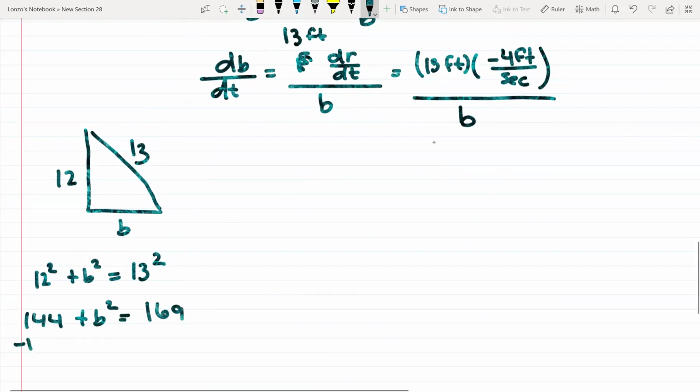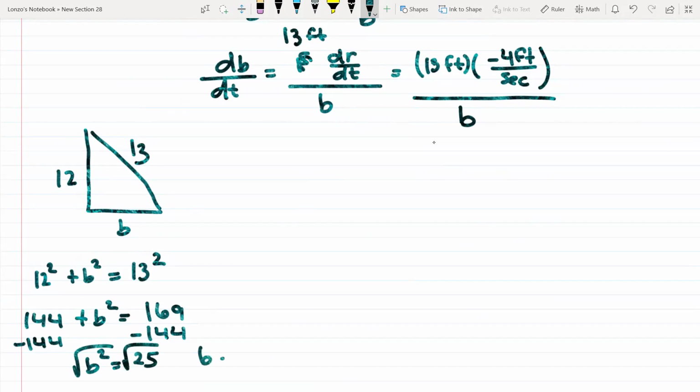Solve for b, so I'm going to subtract 144. b squared is 169 minus 144, which is 25. Take the square root of both sides and you get b equals 5. I'm not going to use the negative because it wouldn't make sense to have a negative b value, right?